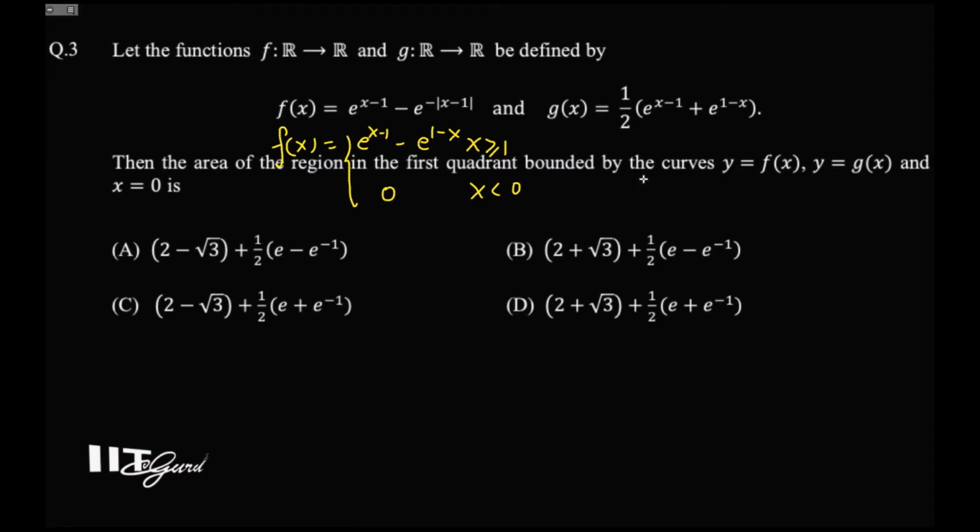Now you have to see the point where f and g meet, but here for x greater than or equal to 1. For x greater than 1, where they meet, this implies f equals g. If you equate this result to this, then if you solve, x will become half of ln of 3e square.